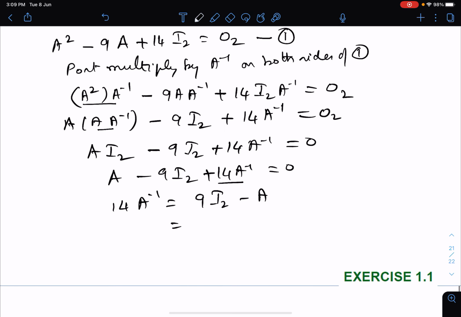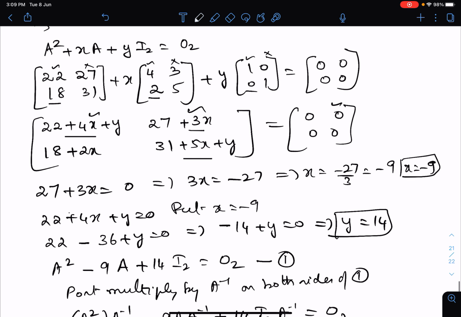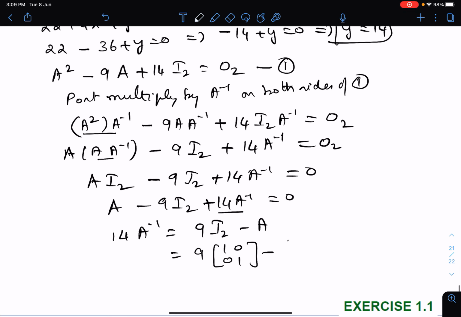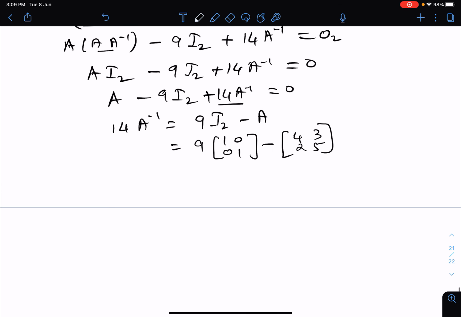What is 9 I2 minus A? We'll find it out. 9 into 1 0 0 1 and our A is going to be 4 3 2 5. So this is going to give, as you have done the other way, and this 14 is going to come this side.